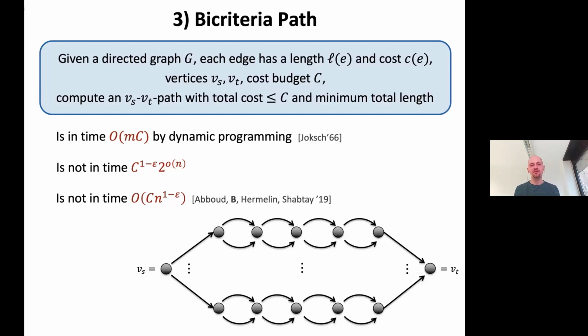If I'm given many instances of subset sum, then I can write down the gadgets for all these instances of subset sum and connect them to a super source and a super sink. And then Bicriteria path in this instance encodes whether at least one of the given subset sum instances was a yes instance.